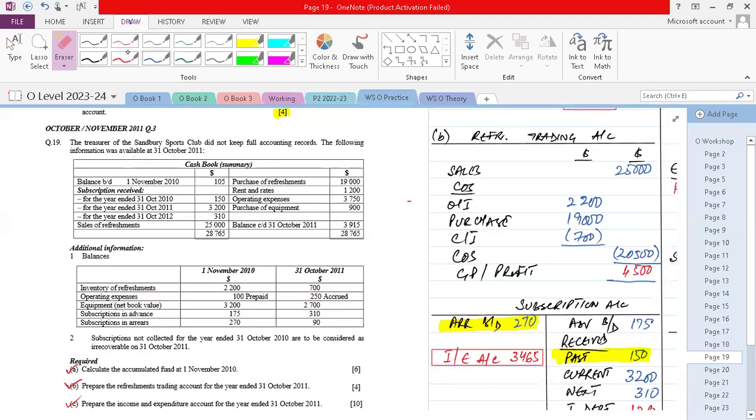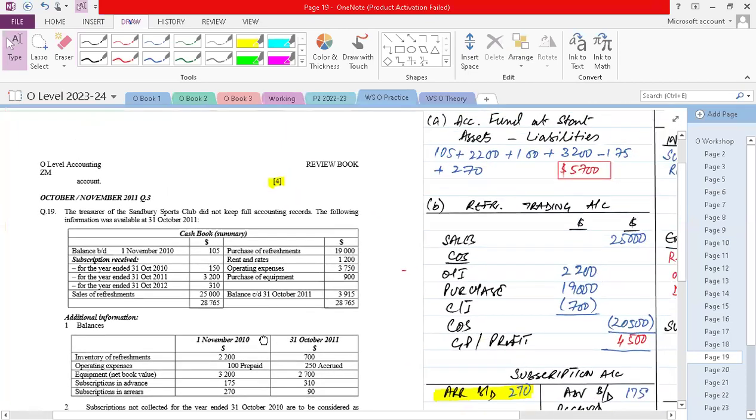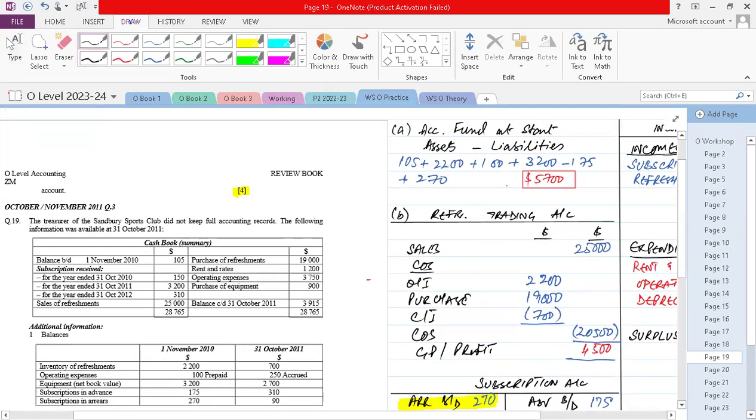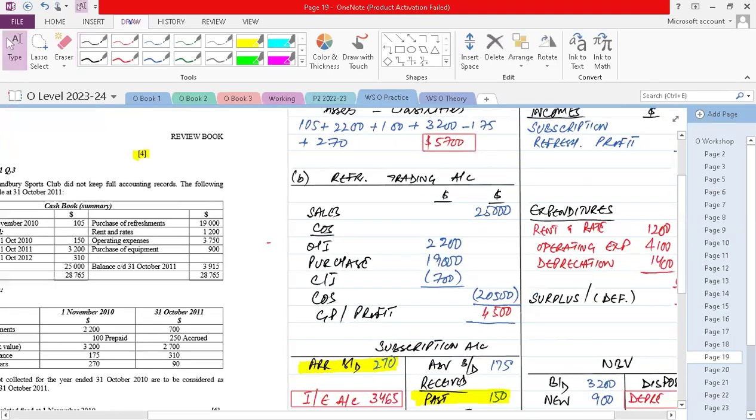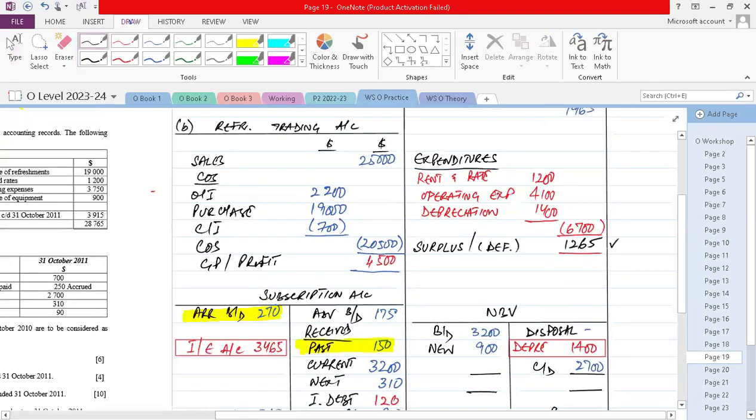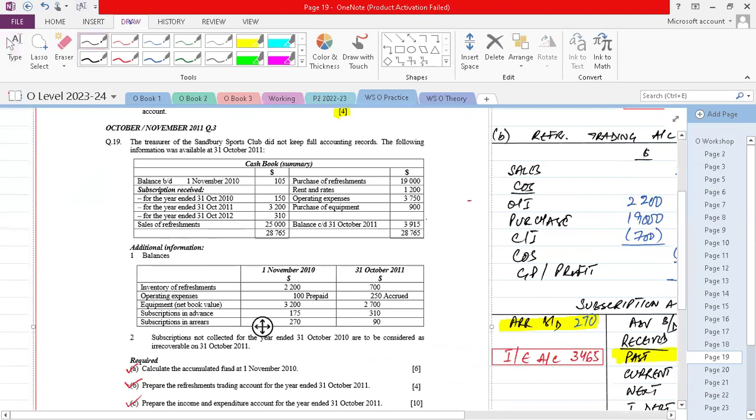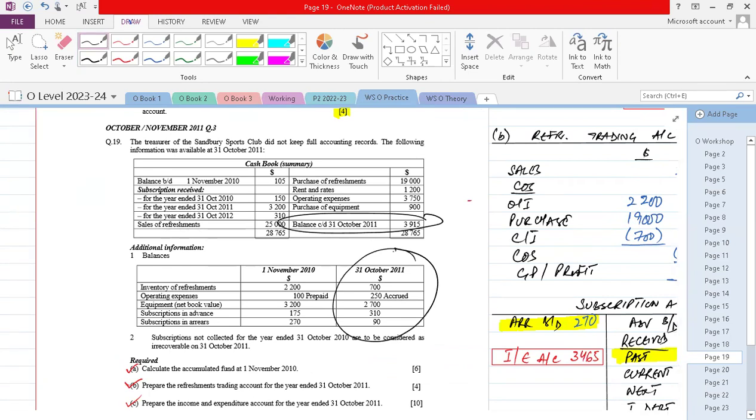First of all, accumulated fund at start always comes at the start. Here, we already calculated the profit or surplus. Then the ending balance of the bank and ending values. That's it. Let me make your life easy; let me make it a very short cut.